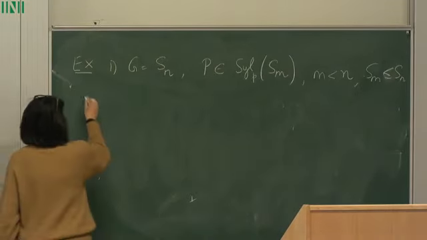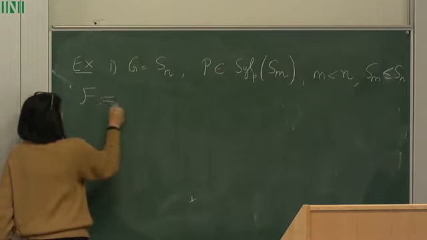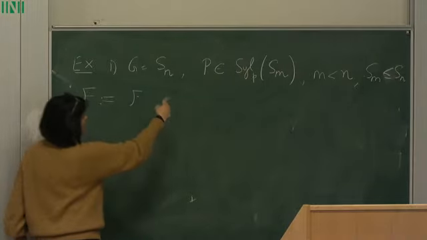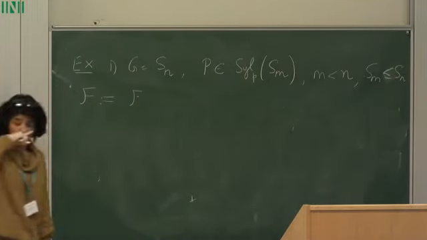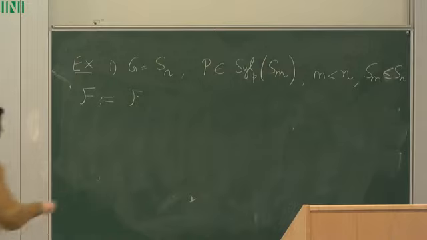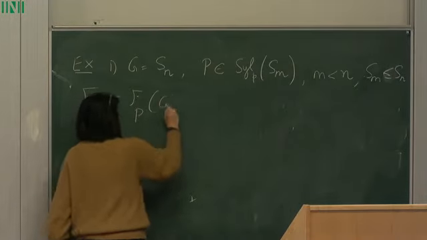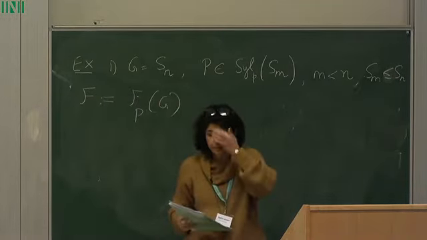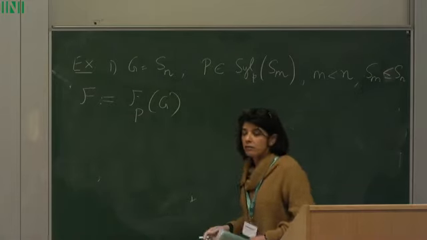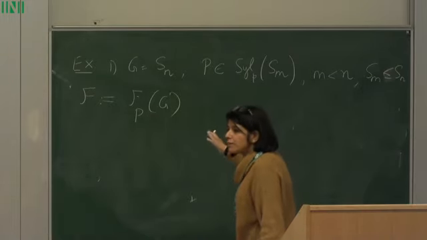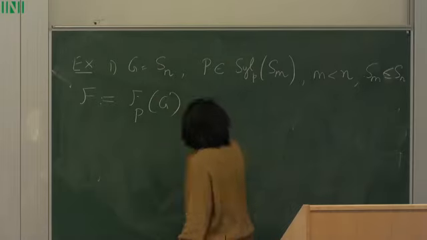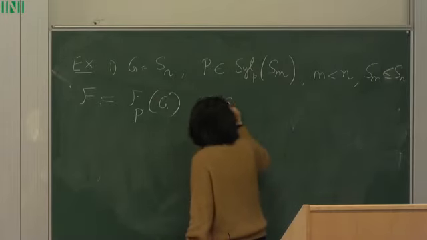Now consider F. So P is now a subgroup of G, but not necessarily a Sylow p-subgroup of G. But if you look at this category, F_P(G), then it's quite easy to see that this is still saturated.